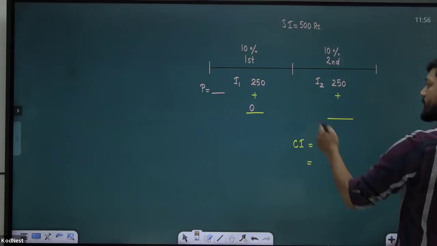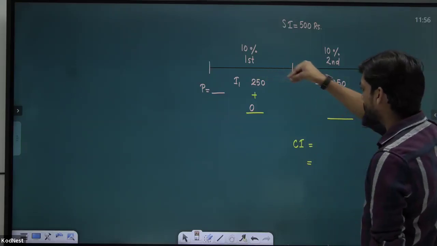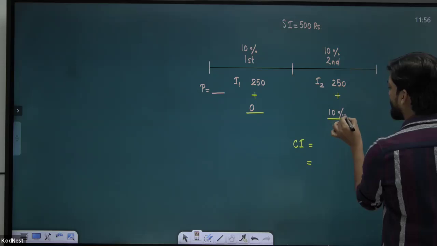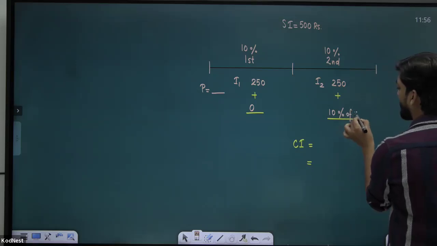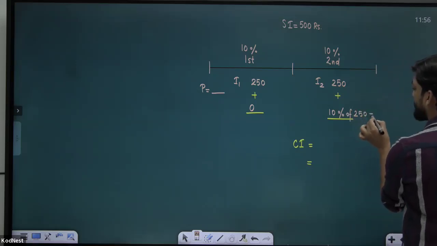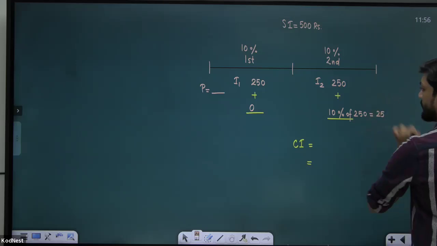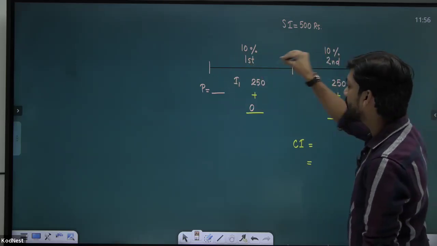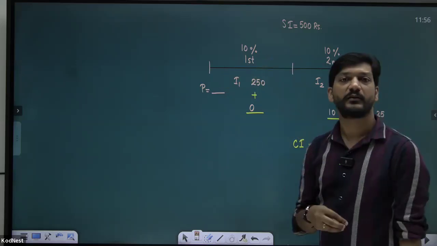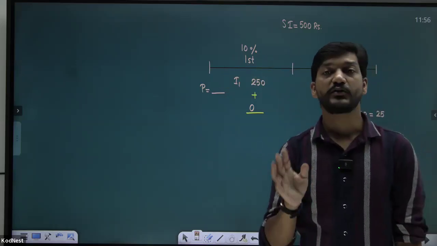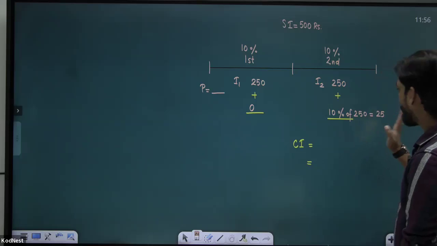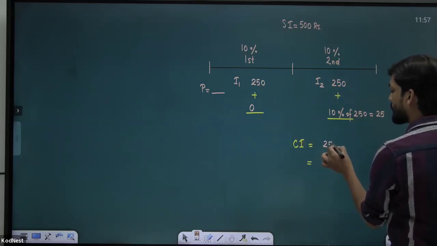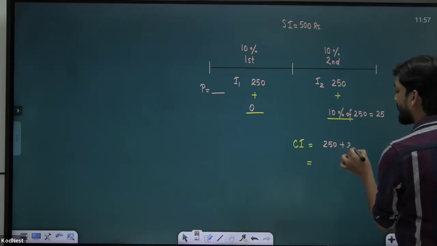For the second year, 250 is the previous interest, so 10% of 250 is 25. Don't say, sir, why not 10% of principal? My dear, it is already written, you need not write it again. Overall, it comes out to be 250 plus 250 plus 25, which is 525.